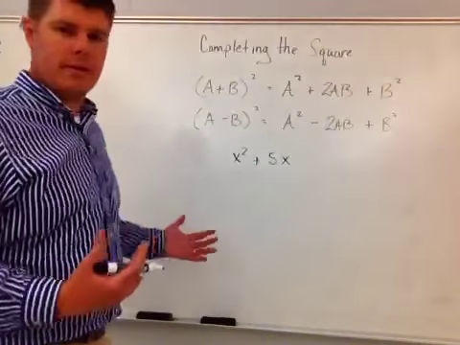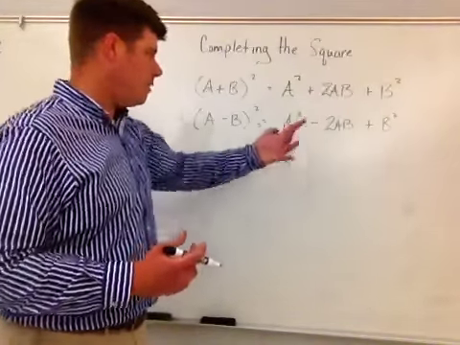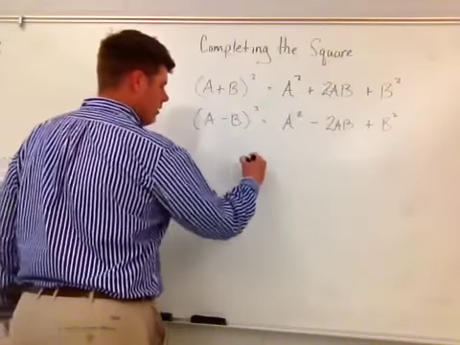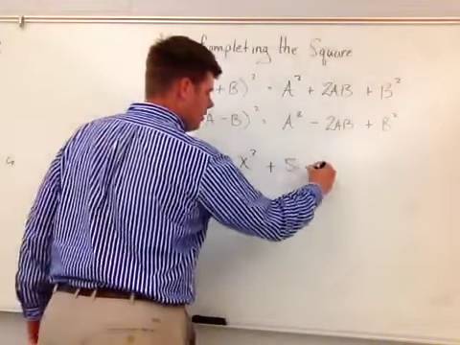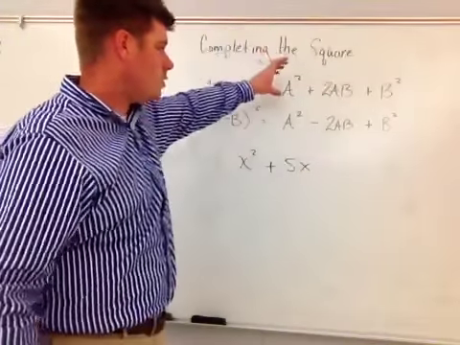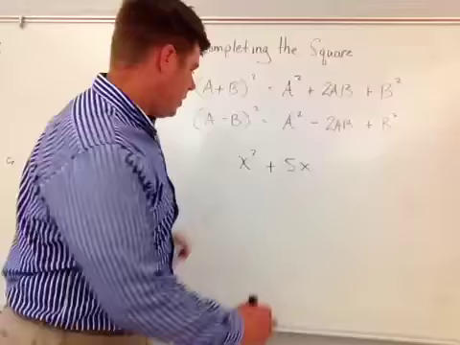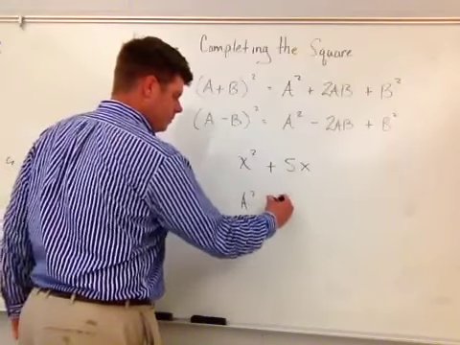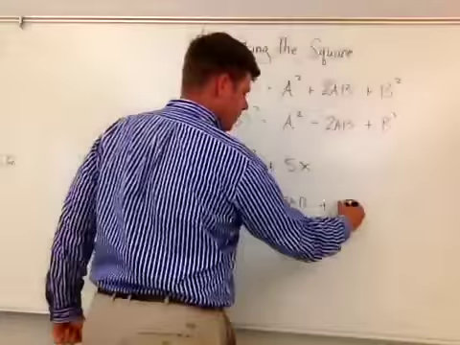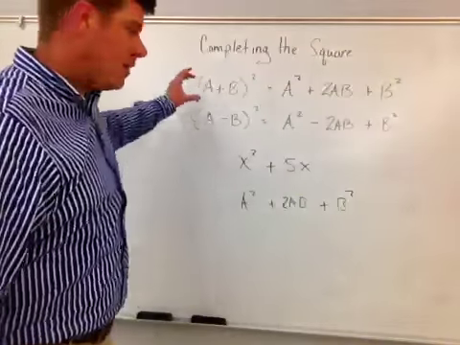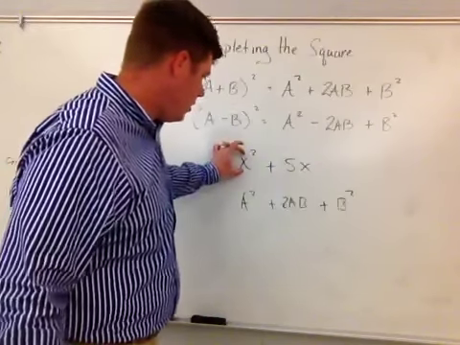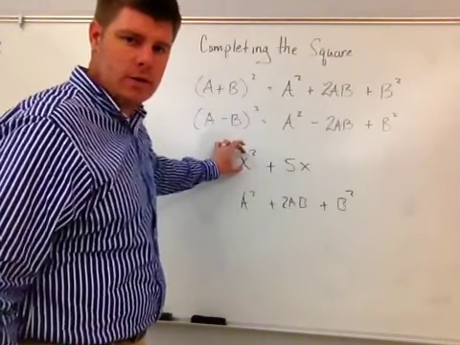Well, it's missing something. It's missing its b squared. So if I compare x squared plus 5x to the formula up here, what I'm going to compare it to is a squared plus 2ab plus b squared. For me to write this as a completed square, I need the b term, because a just so happens to be the x value.